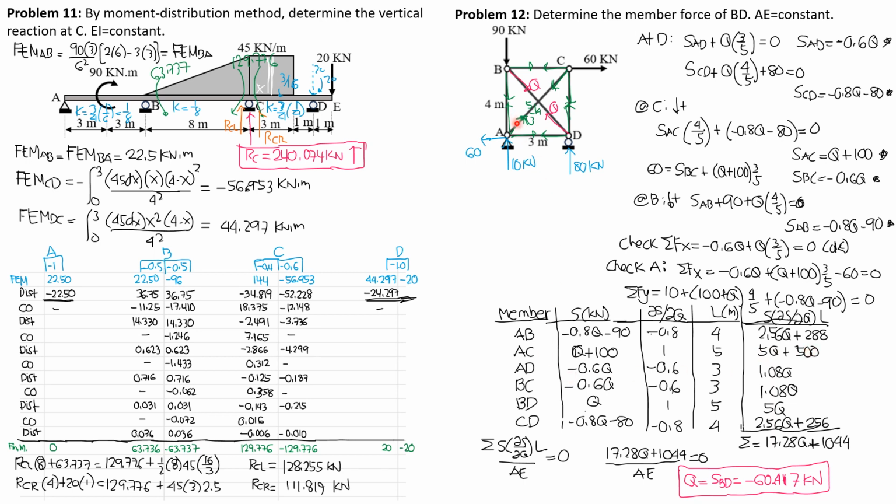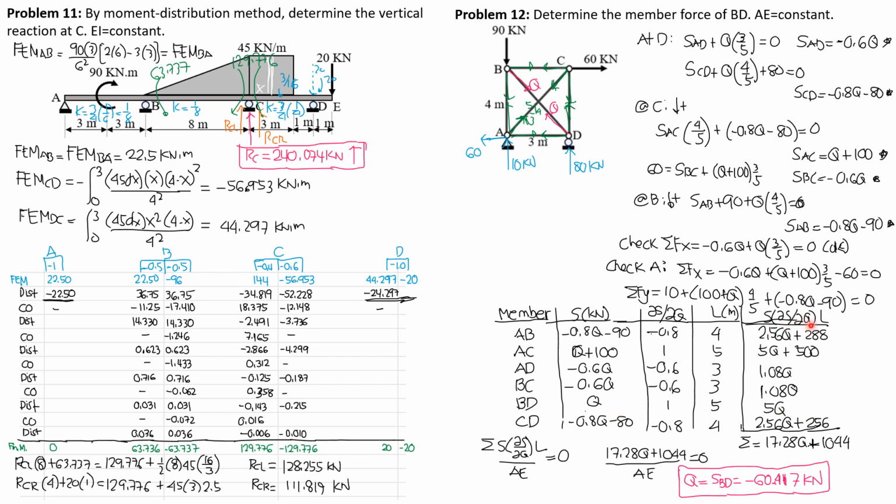Next, AD, which is negative 0.6 Q, derivative negative 0.6, the length is 3, obtain the product 1.08 Q. BC is also negative 0.6 Q, partial derivative negative 0.6, length 3, product 1.08 Q. And then BD is simply Q, derivative 1, the length is 5, so product 5Q.